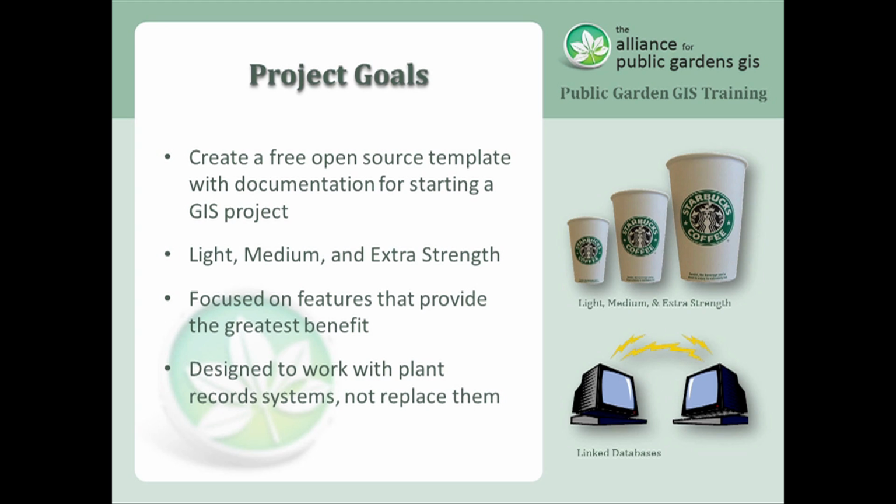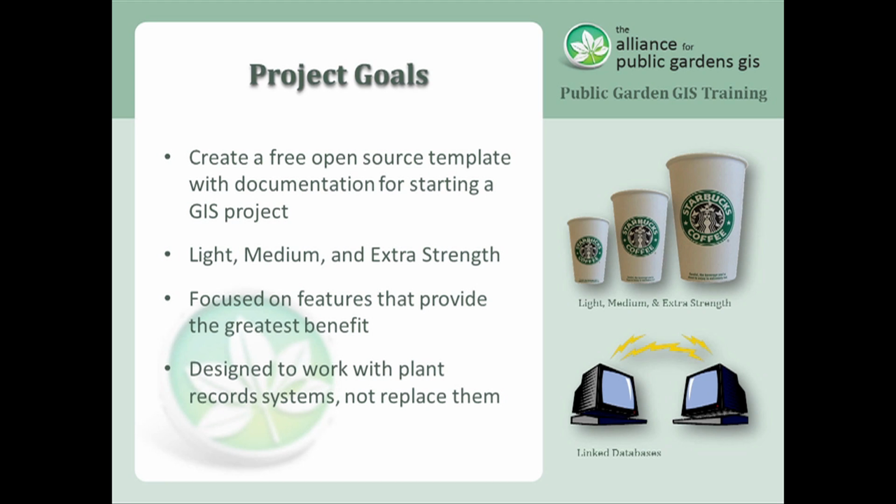So the goals of our IMLS funded project were to create a free and open source template with documentation for getting started with GIS at public gardens. And we wanted to make it so that the smallest garden and the largest garden could both use it equally well.